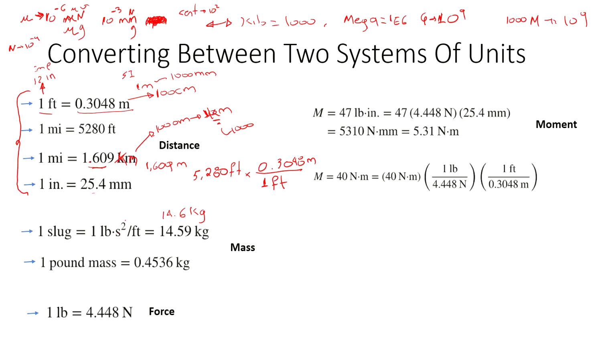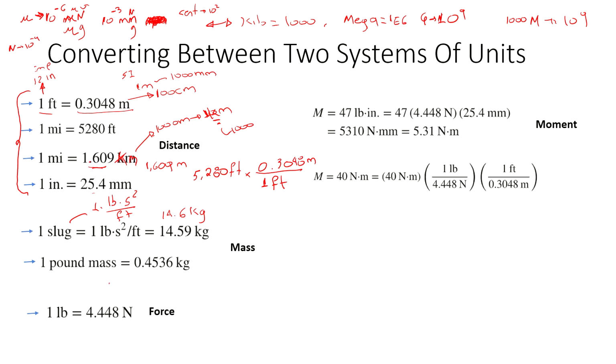The full units of 1 slug are 1 pound force times second squared divided by foot. I find it easier to remember that it's 14.6 kilograms. 1 pound mass is 0.4536 kilograms.